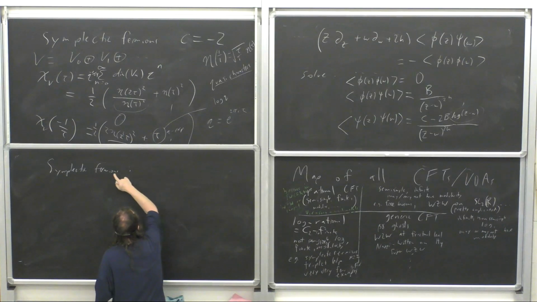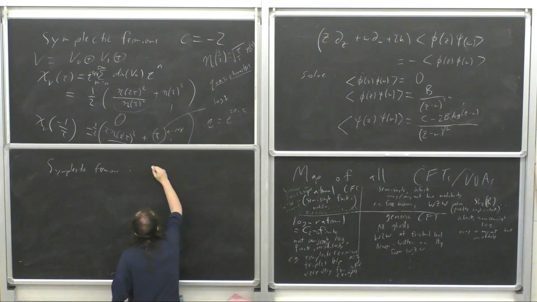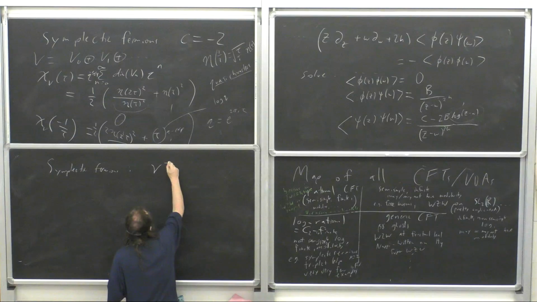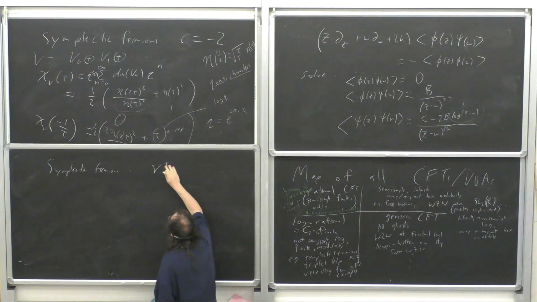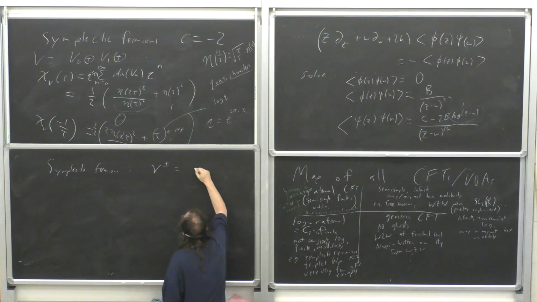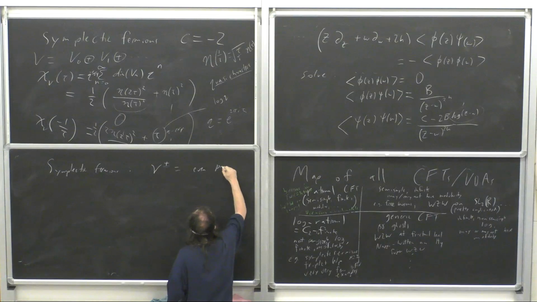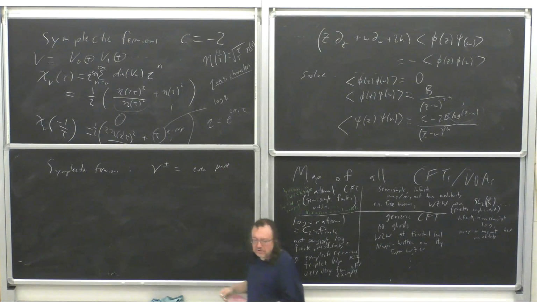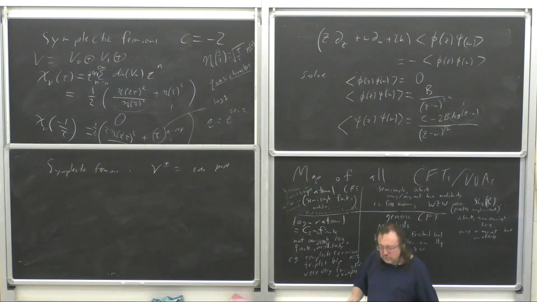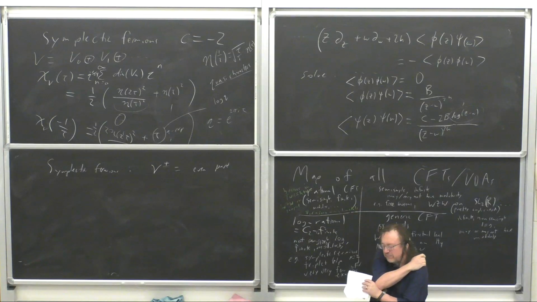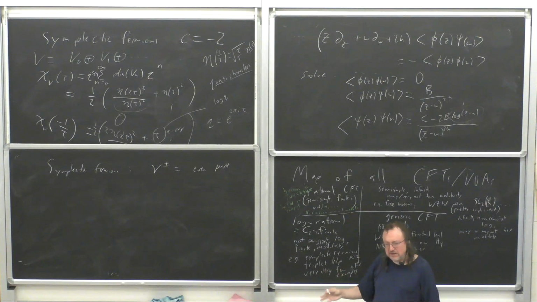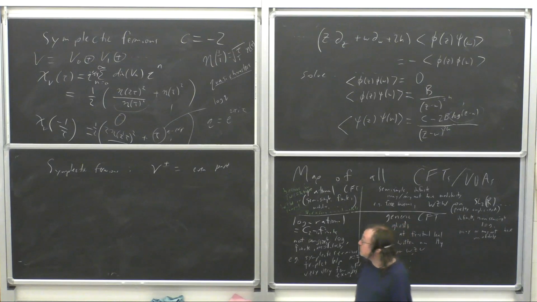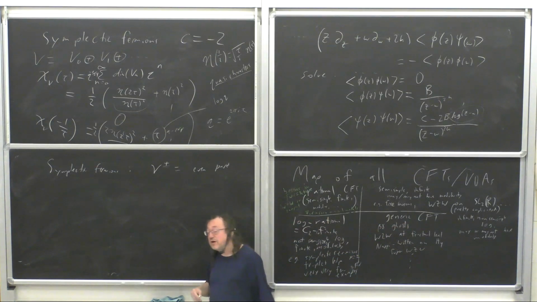So let's look at their modules. Their modules are, I'll call it V plus minus. So V plus is the even part. Our VOAs here, I've avoided supersymmetric VOAs just to keep things relatively narrow. So our VOAs are bosonic.